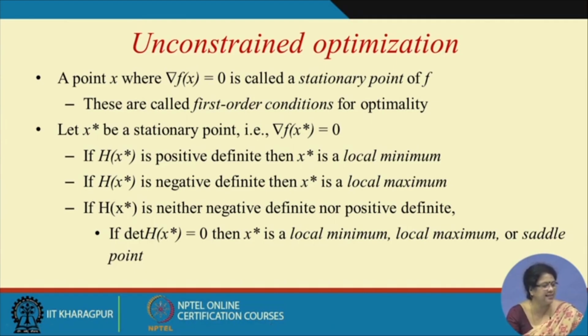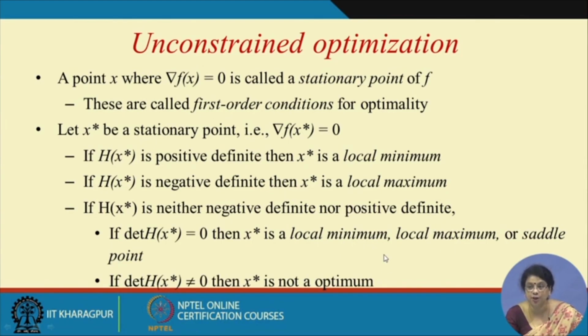But there is still a certain condition: if the determinant value of the Hessian matrix is 0, then the function may have a local minimum, maximum or saddle point, because we need to go for the third order partial derivatives of the function. But if this value is not equal to 0 and there is no pattern to it, we declare there is no optimum value.